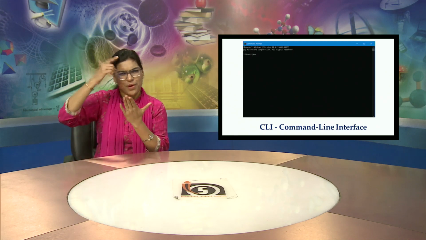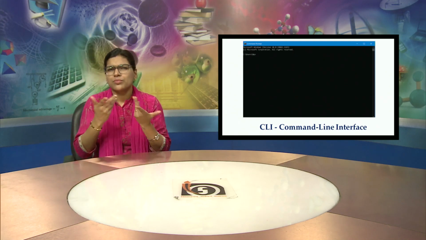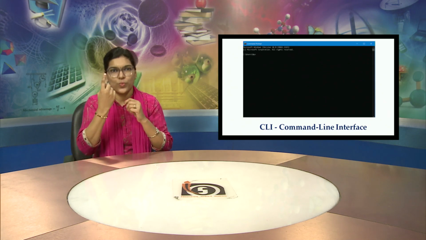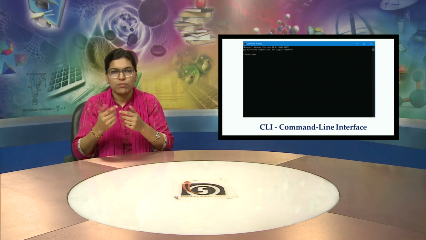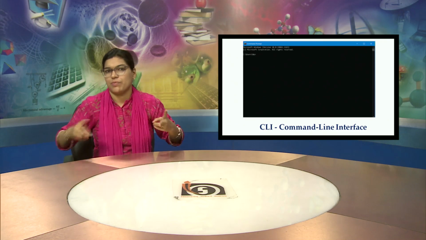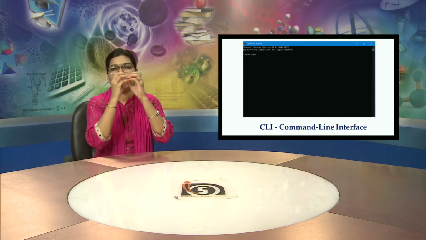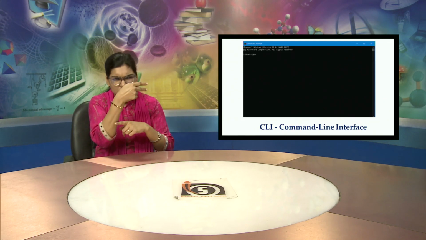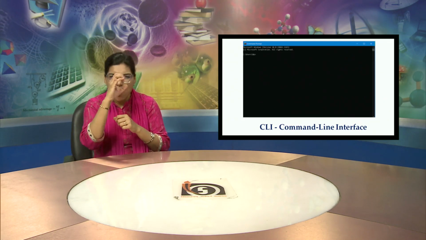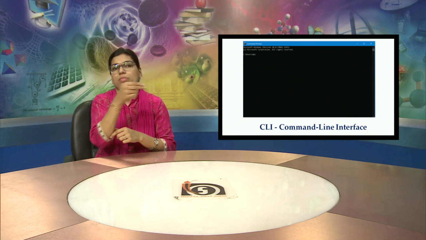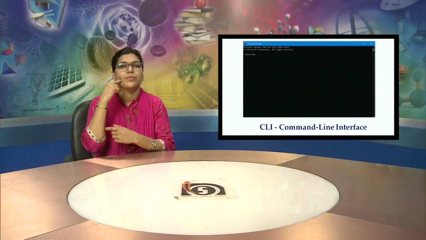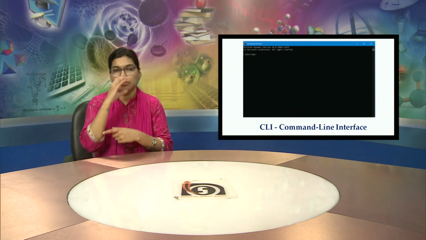Now, you can see the black screen. This is the older version of computer. In this, you may have seen some hash words, or we used to type a lot that time in the older version.